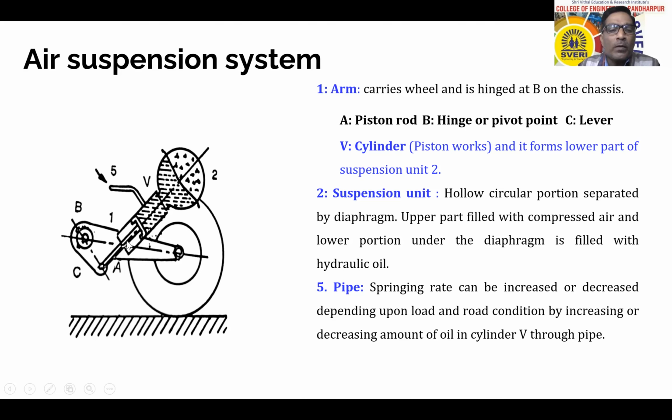So this is part A, which is the piston rod. Then this one is C, total part, and it is called a lever. This V means the cylinder. And it forms the lower part of the suspension unit.